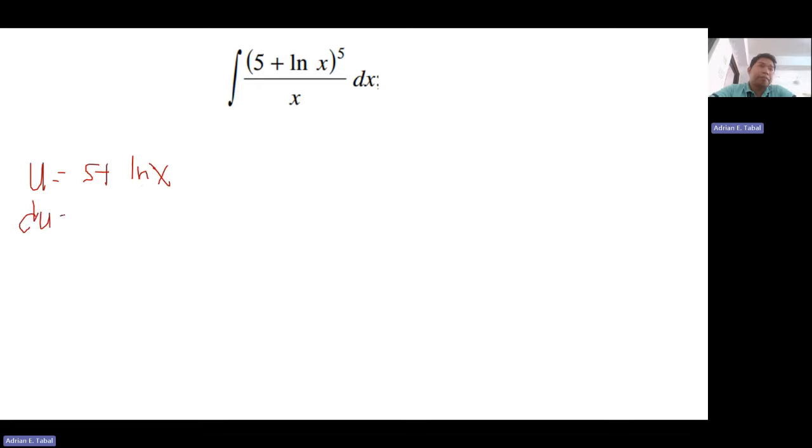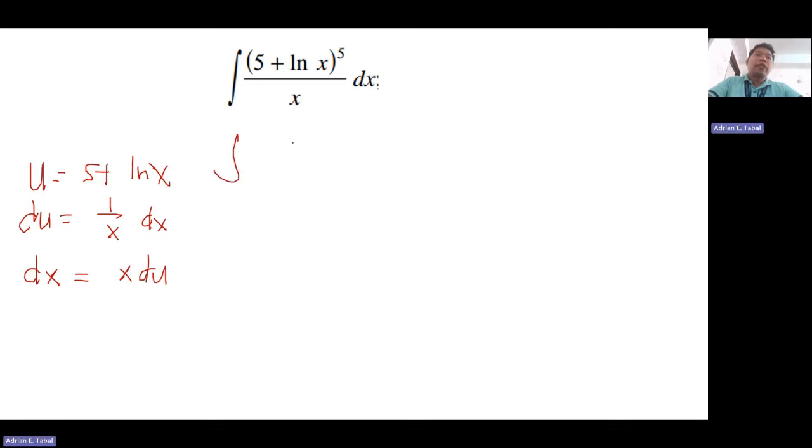So du, it's very hard to type in the solutions using my mouse. So the derivative of ln x is 1 over x dx. Then find dx. dx is equivalent to x du.